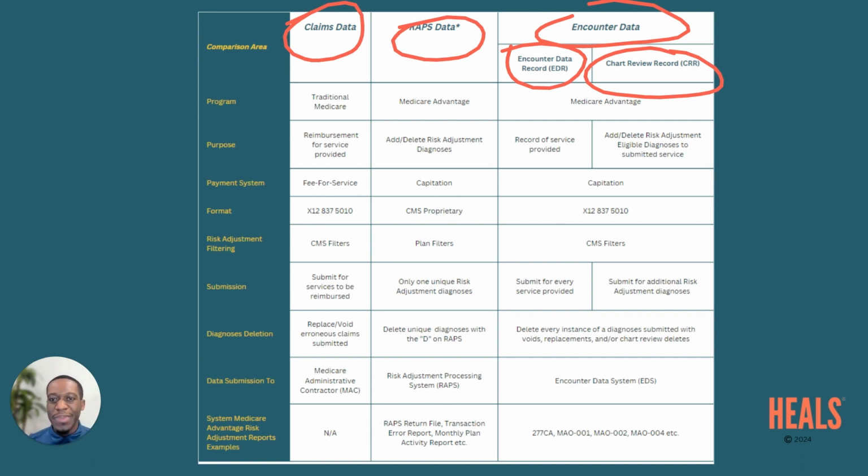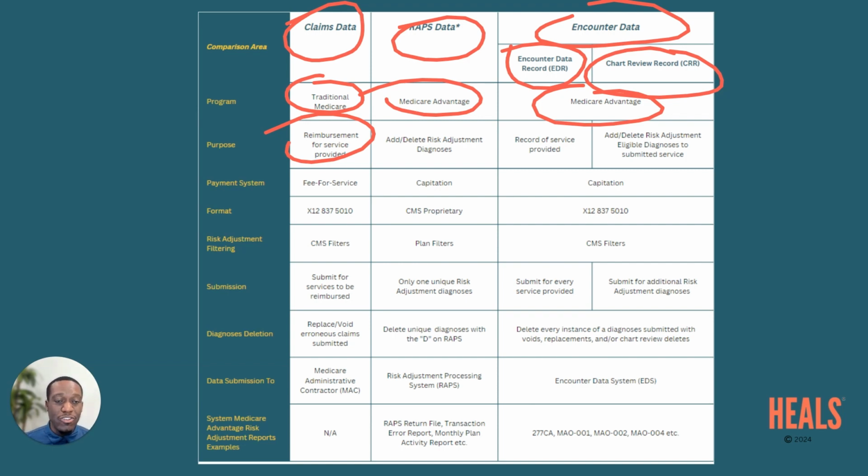So for traditional Medicare, there are the claims that are coming in, but RAPS data pertains to MA and encounter data also pertains to MA. The purpose of fee-for-service claims is reimbursement for services provided. The purpose of RAPS is adding and deleting risk adjustment diagnoses.